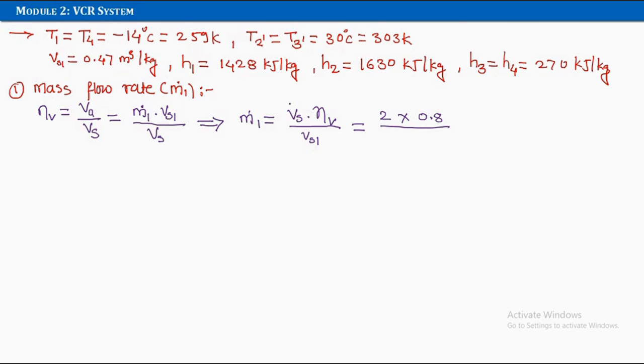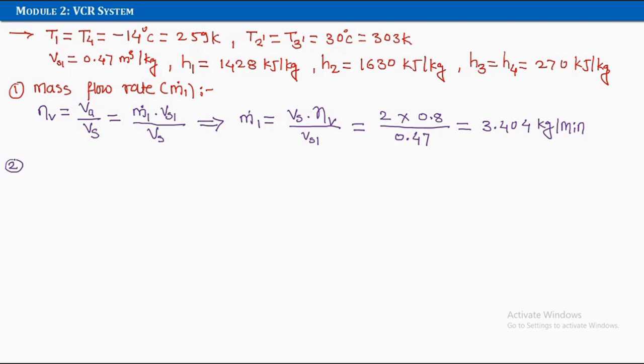How much is it? 0.47, which we got from the pH chart. If I solve this, I will get the mass flow rate of the refrigerant as 3.404 kg per minute.